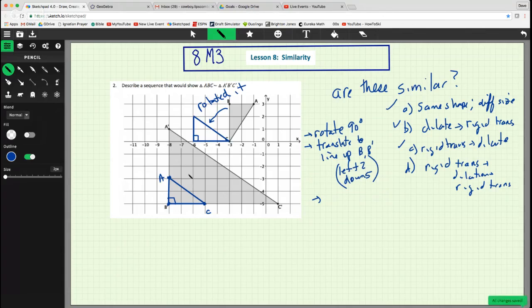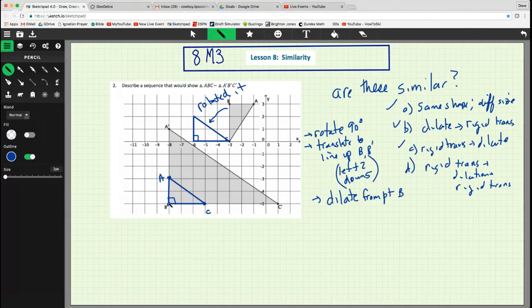And now our last thing we can do is a dilation. Typically, we've done dilations from the origin. But watch what I can do. I can do a dilation from point B, and we're going to dilate each point from point B. How many times?